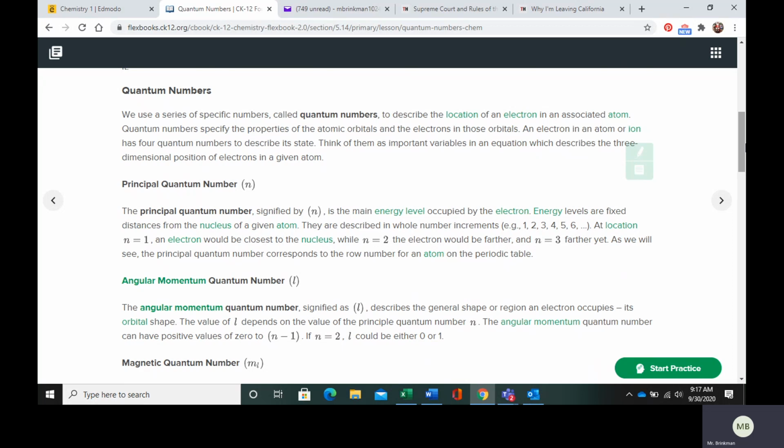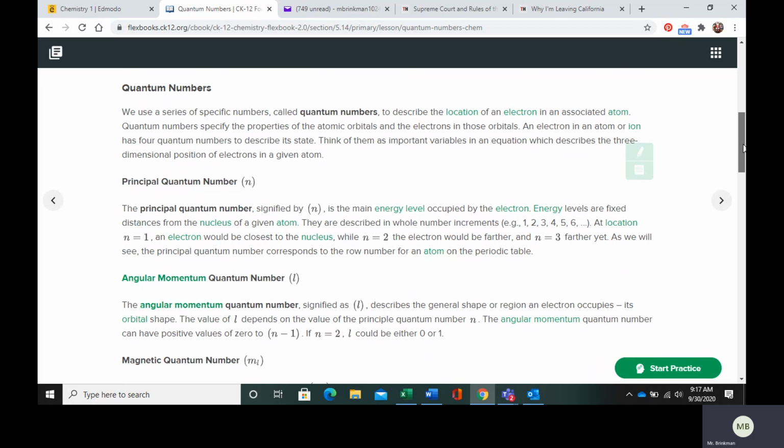It gets complicated if you think about it beyond the basic mathematics, so we're just going to look at it in that context. So an electron in an atom is going to have 4 quantum numbers to describe its state, okay? And it's basically saying the 3-dimensional position of the electrons.